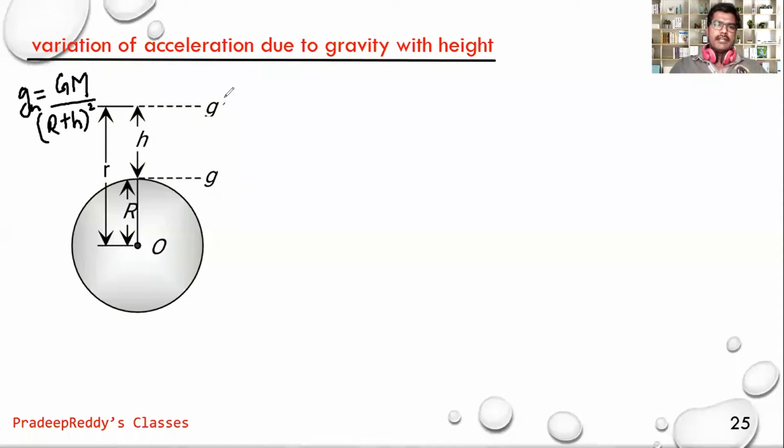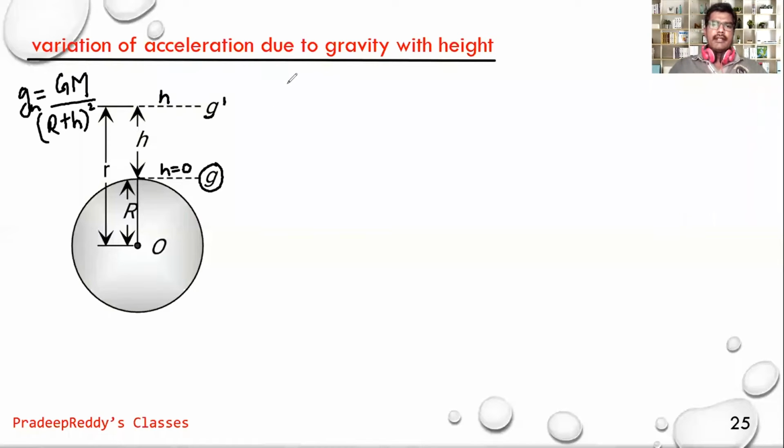Let me consider acceleration due to gravity at some height as g dash. Acceleration due to gravity on the surface of the earth is g. So on the surface of the earth, h is equal to 0, and as you go to higher altitudes, g dash is the acceleration due to gravity at a certain height.